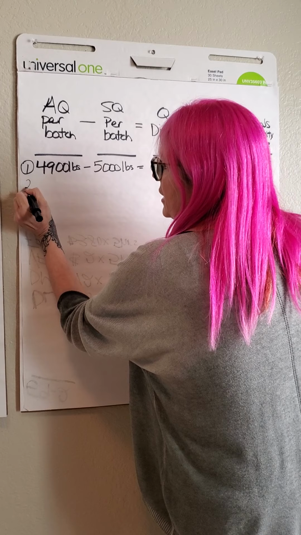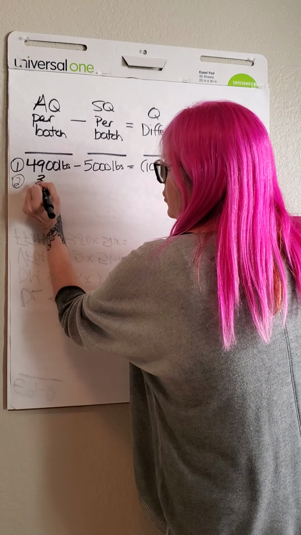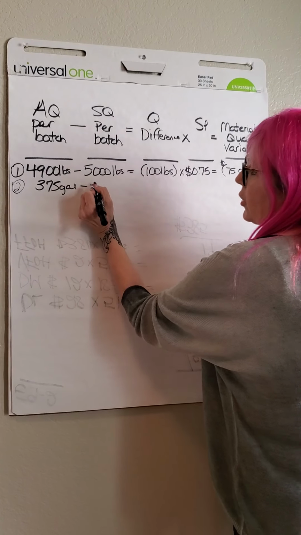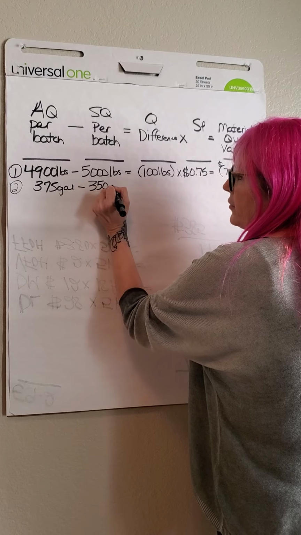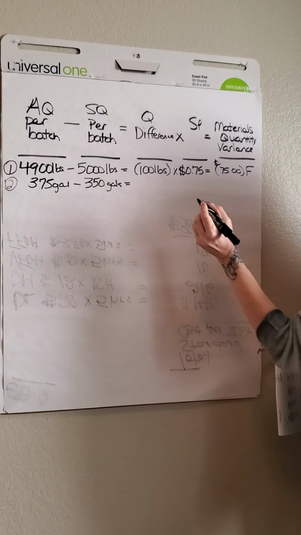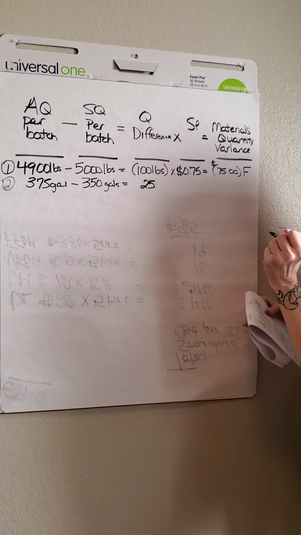We're going to do the same thing for the vinegar. Remember that the actual quantity was 375 gallons. We're going to subtract from that the 350 gallons, which is the standard quantity. This time we used more, so we end up with a positive number.